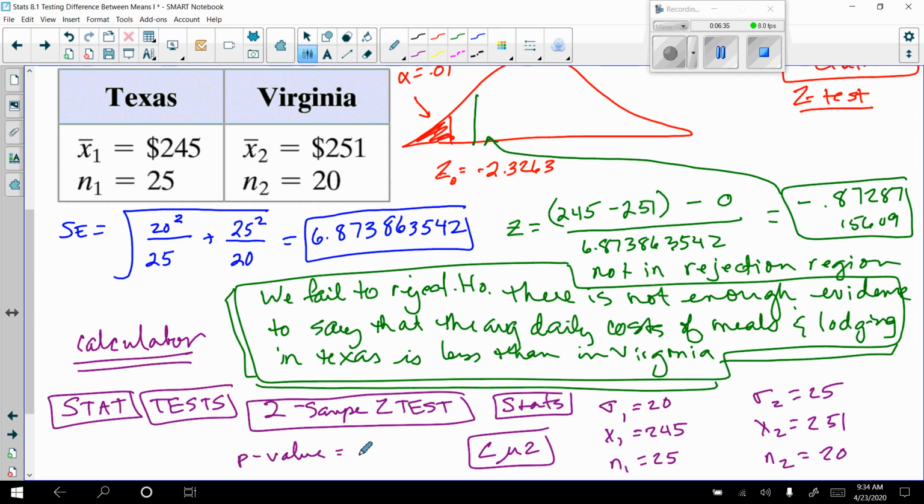And the p-value in this case is 0.191366, which is definitely not within 0.01. It's greater than 0.01, so you would fail to reject. Now we could have taken this z-score and put it into normal CDF and found the p-value ourselves, and we would have gotten this exact same p-value.